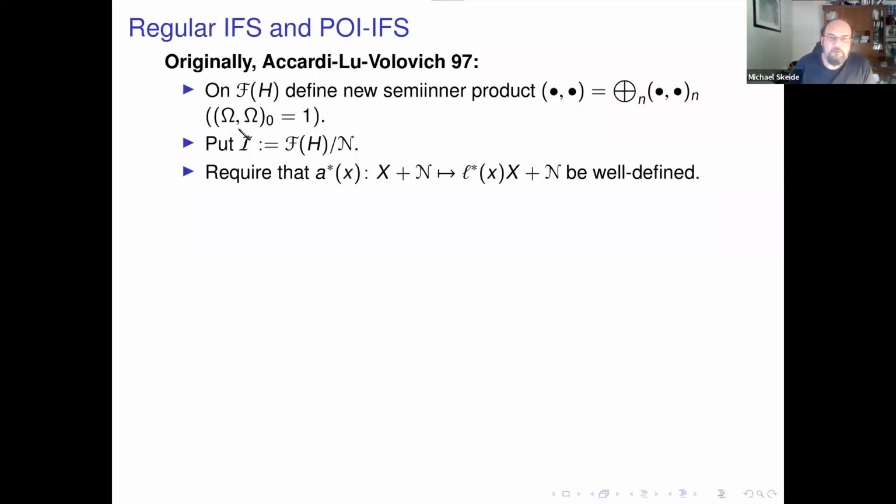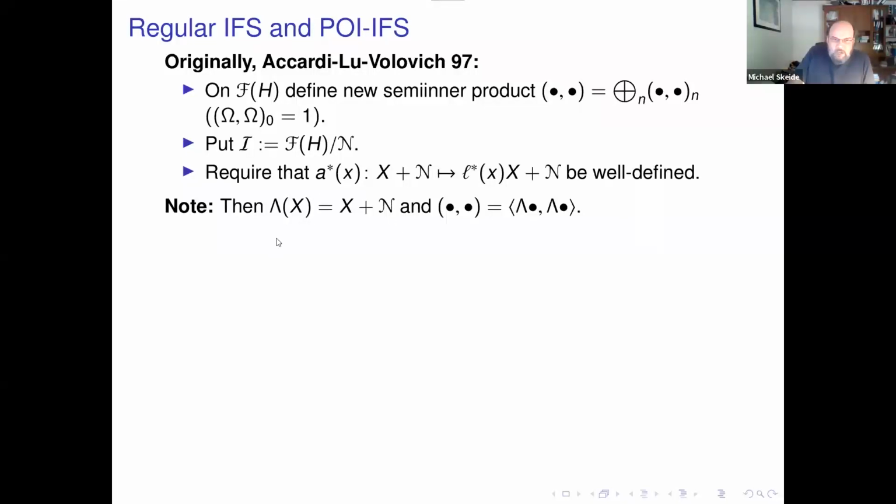Of course, omega should remain a unit vector. Divide out the kernel. This gives a direct sum of pre-Hilbert spaces, and require that the usual creator survives the quotient procedure. So this is the requirement, to have the creators that turn the thing into an interacting Fock space, even based on this pre-Hilbert space H.